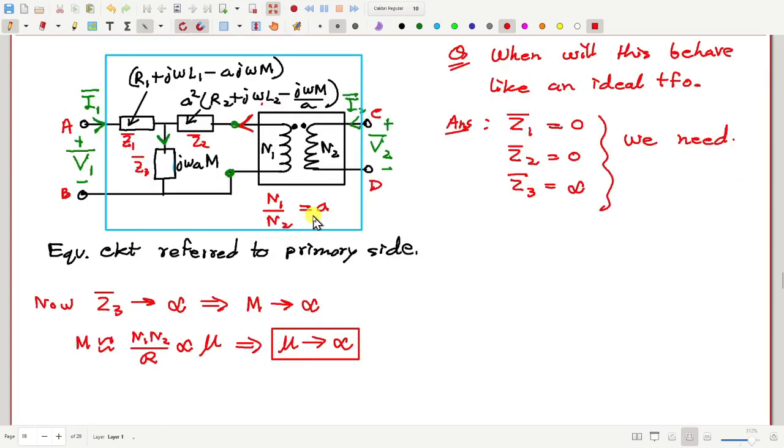Secondly, consider Z1. How much is Z1? This is R1 plus j omega L1 minus a j omega m. Now for this to be equal to 0, what do we need?